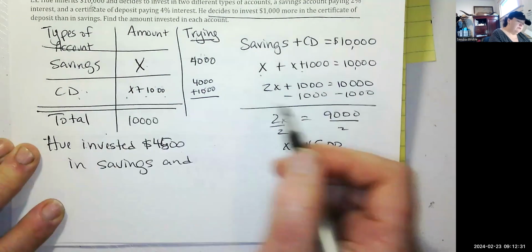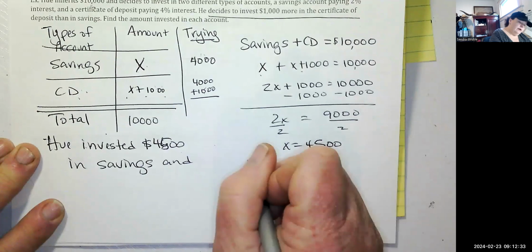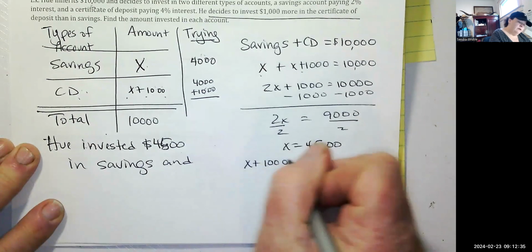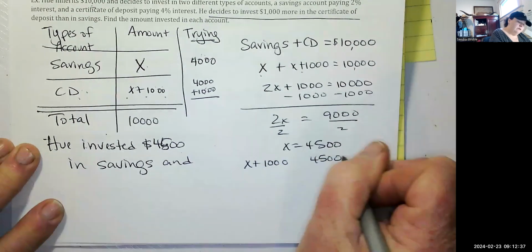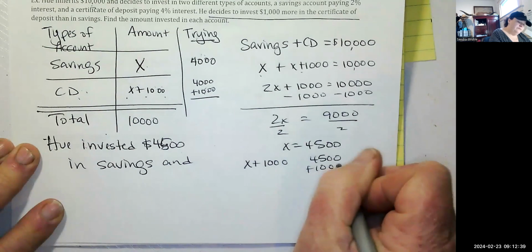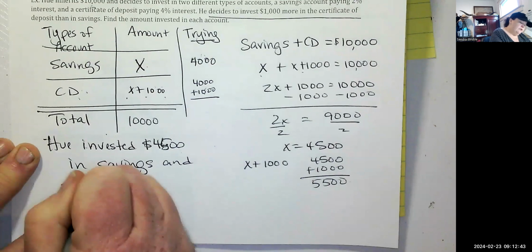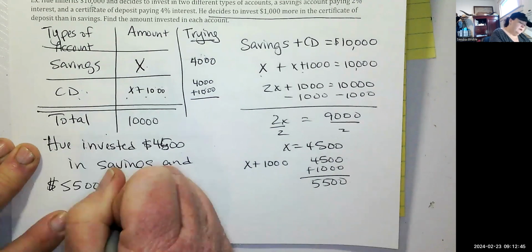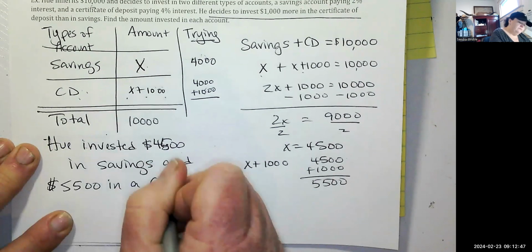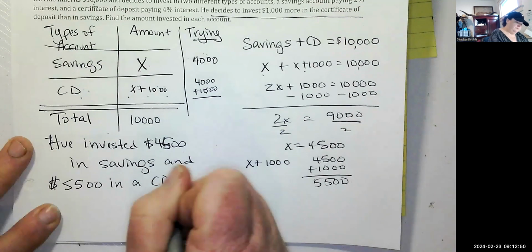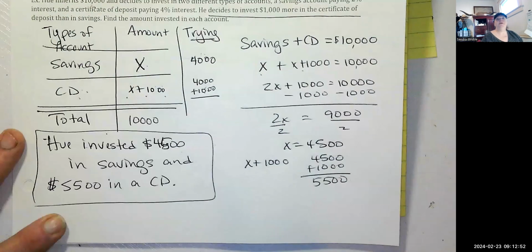X plus 1,000. Well, X plus 1,000 would be 4,500 plus 1,000. And $5,500 in a CD. That is my answer.